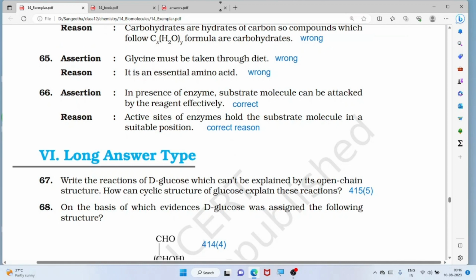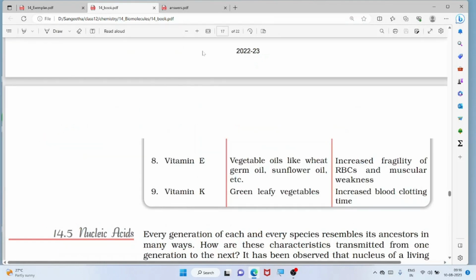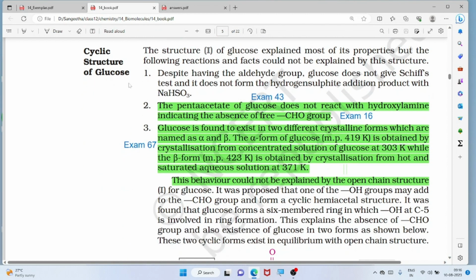Okay, the correct reason. Write the reactions of D-glucose which can't be explained by the open structure. Okay. Open chain structure. Okay, this behavior, this glucose reaction can't be explained by this open chain structure.